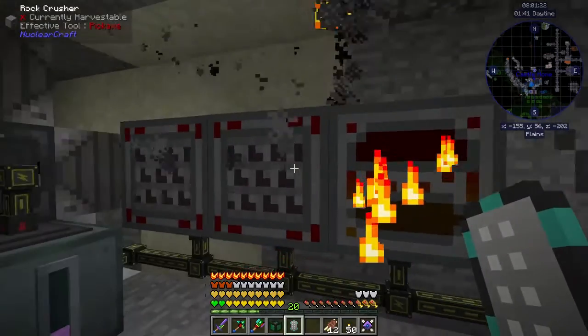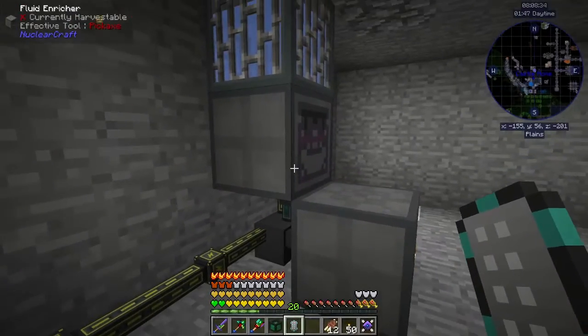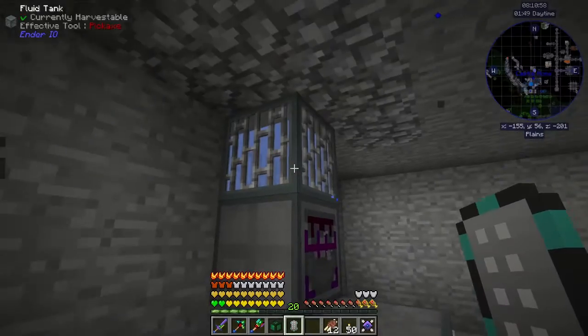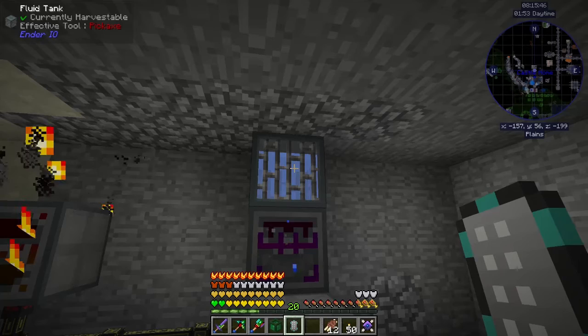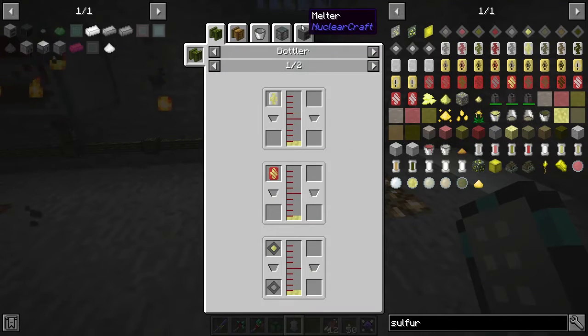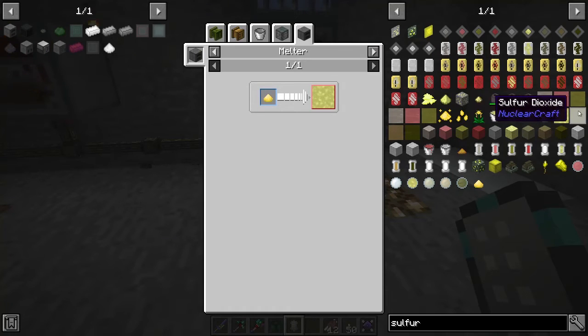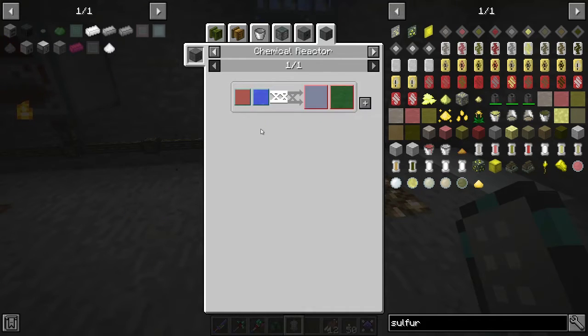On this one we need the fluorite to do this, to make that. Alright, so we've got the fluoride water. Yay. Sulfuric acid is the next thing we're working on. So this water and what? Melter is this. That's going to be liquid oxygen. Oxygen is going to come from water with oxygen difluoride.